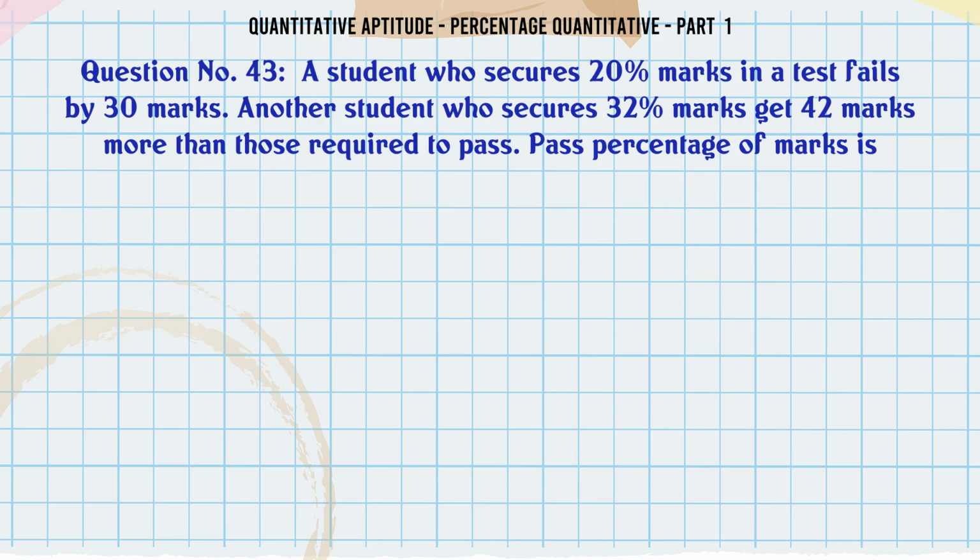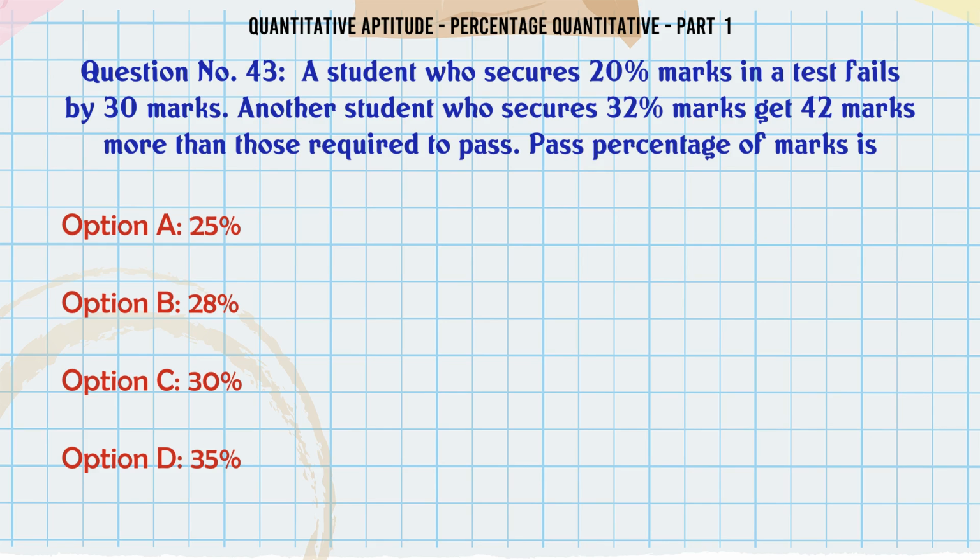A student who secures 20% marks in a test fails by 30 marks. Another student who secures 32% marks gets 42 marks more than those required to pass. Pass percentage of marks is A. 25%, B. 28%, C. 30%, D. 35%.